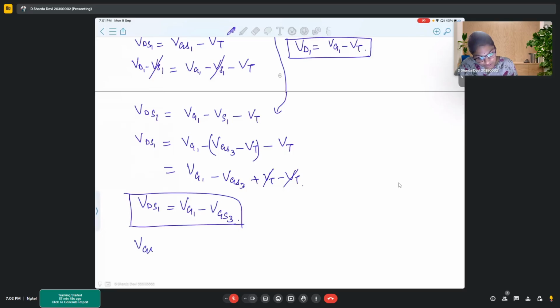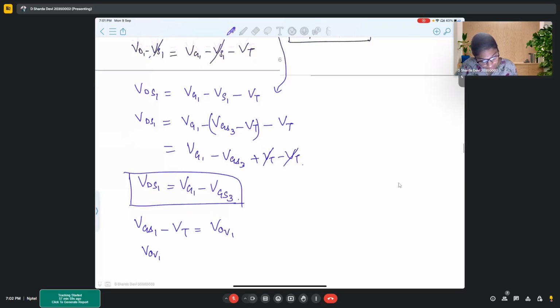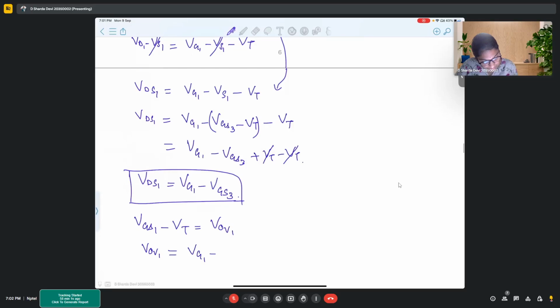And VGS1 minus VT, that is V overdrive 1. So V overdrive 1 can be written as VG1 minus VGS3 minus VT.